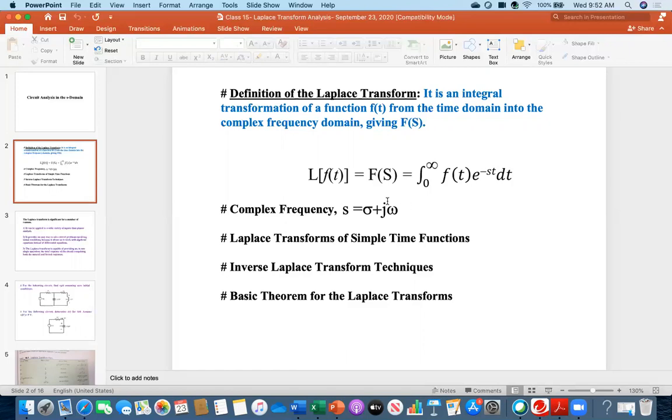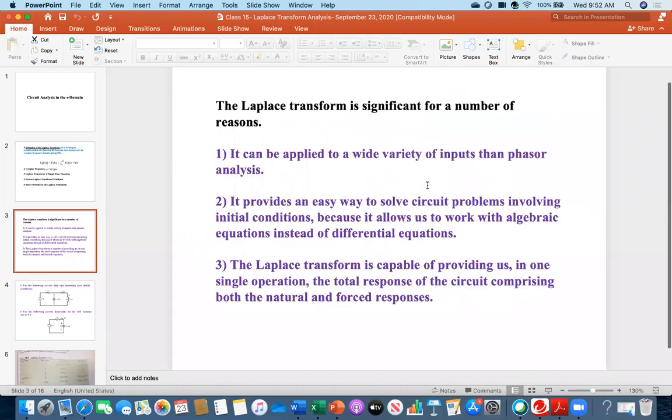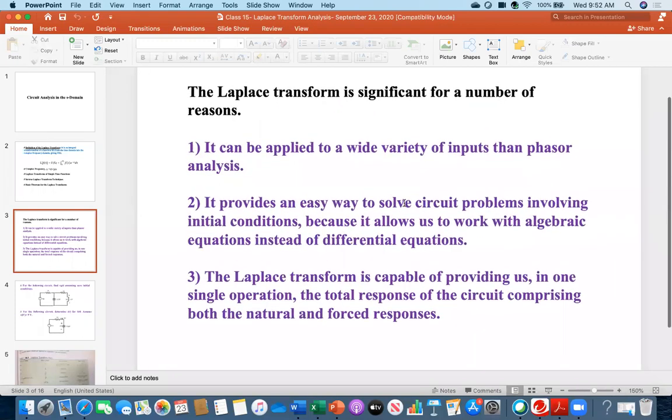You just need to replace j omega by s, assuming sigma is 0. Before looking at some examples, first I have written what is the main advantage or significance of the Laplace transform. I have written 3 important points.